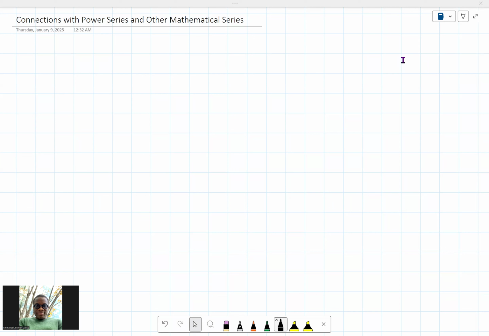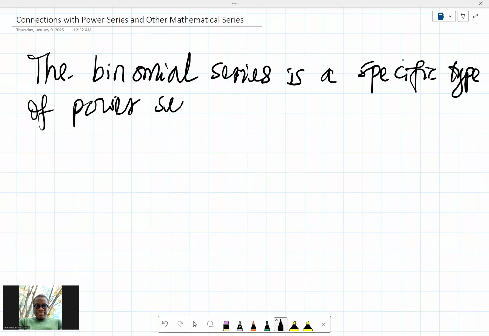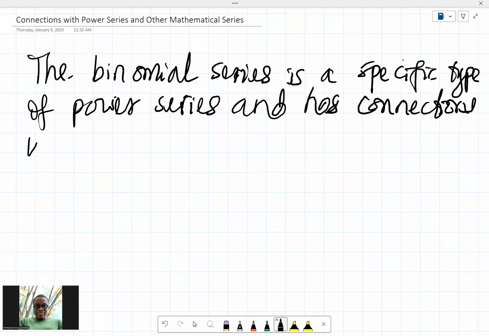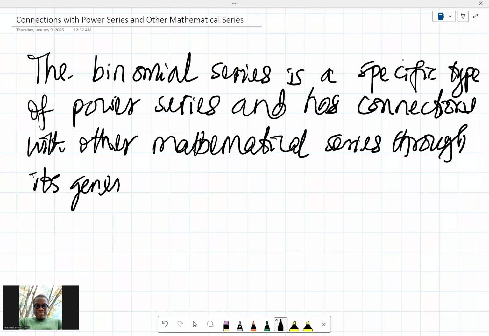Okay, so first off, the binomial series is a specific type of power series and has connections with other mathematical series through its general formulation.